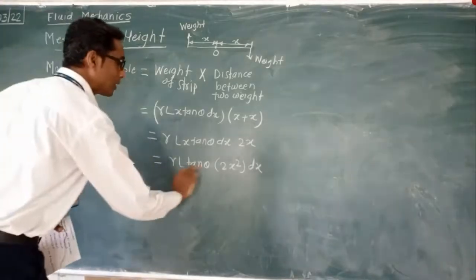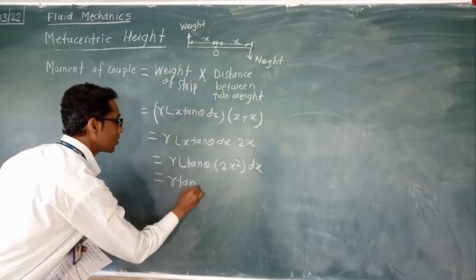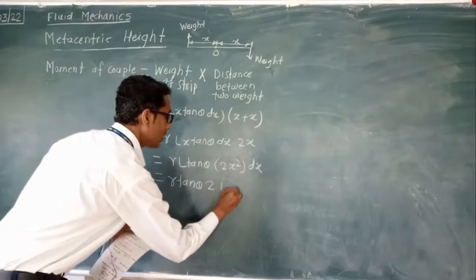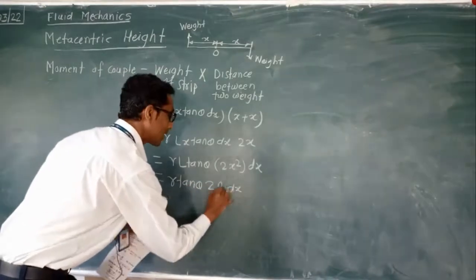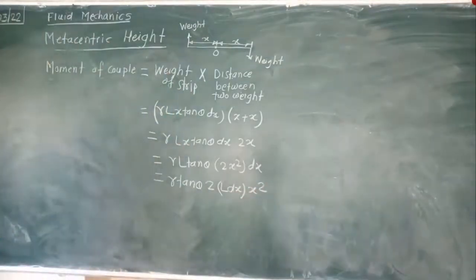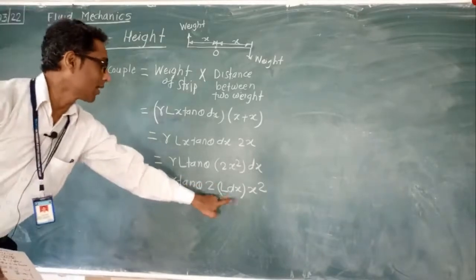Again this L we will take here. So gamma tan theta into 2 L dx x square. This we will write together. Now why we wrote this, because we will come to know. Okay, gamma tan theta, L we took together, L dx.